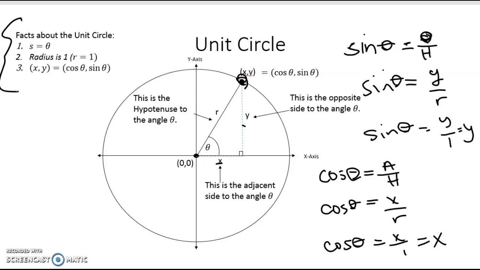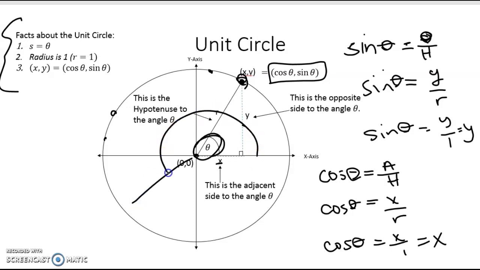So we can find any point on this unit circle by using this. We'll find cosine of whatever theta you have. Say if we're over here, then our theta will start at the positive x-axis and go all the way to our terminal side, and we would find this point right here.